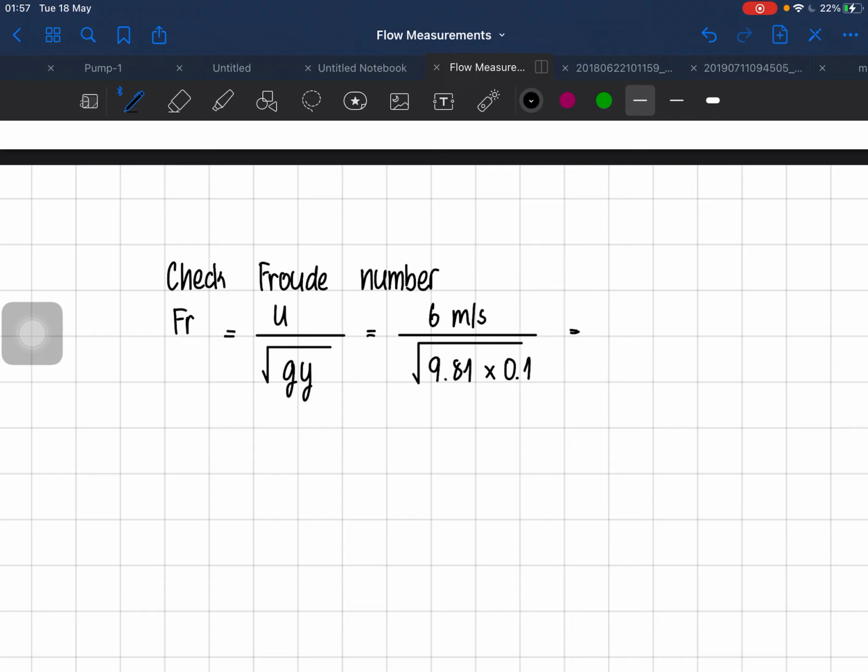The answer is 6.057. You can see this is larger than 1, so the flow is supercritical.